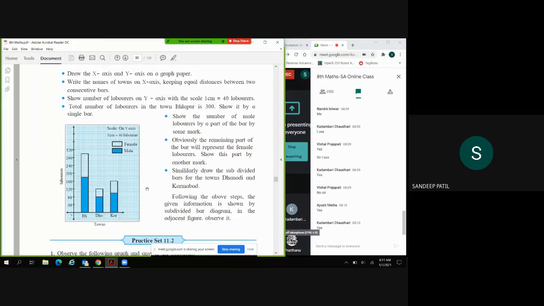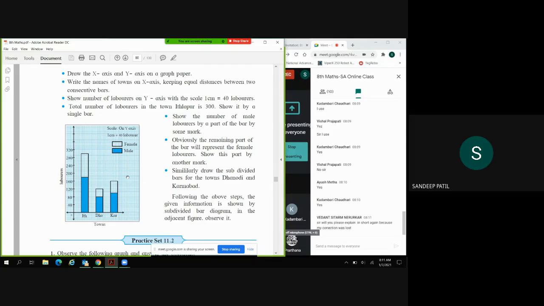For exam purposes, you may have to work on graph paper, but in future, whenever you join any industry or job, you may use this type of graphs to draw graphs from the data. There are different ways. Excel is the primary thing we can learn.